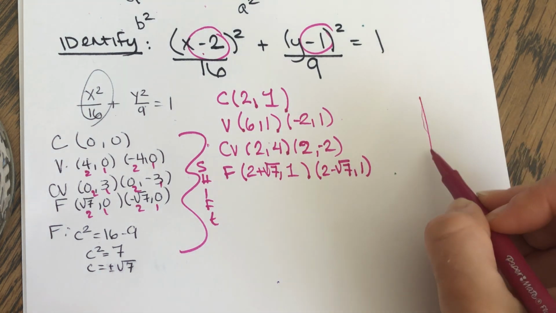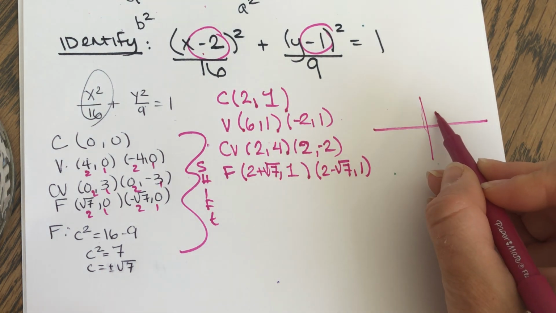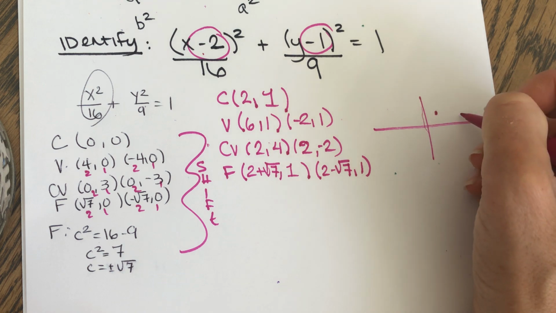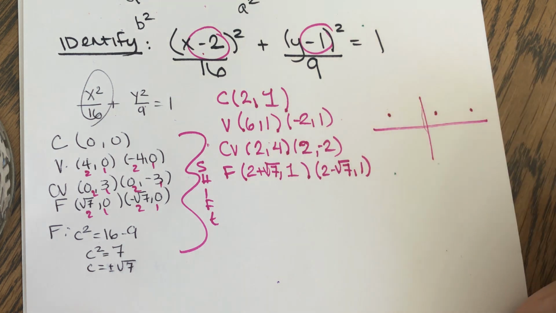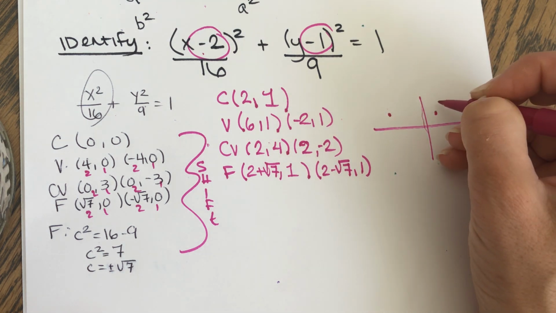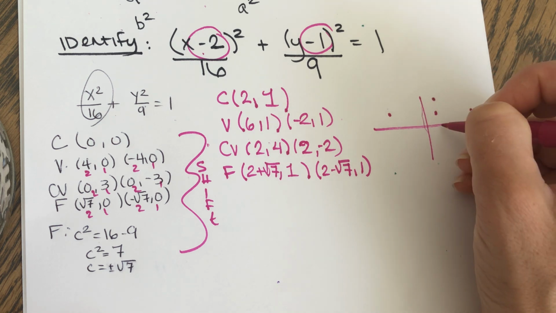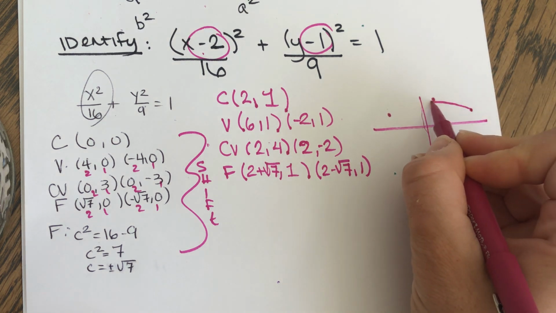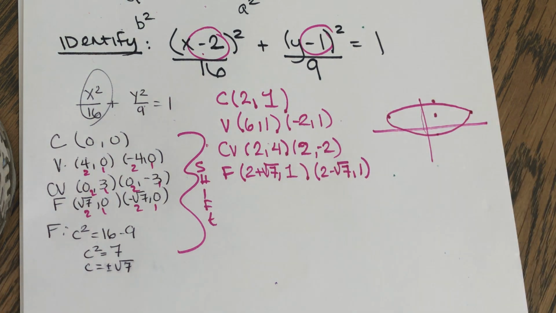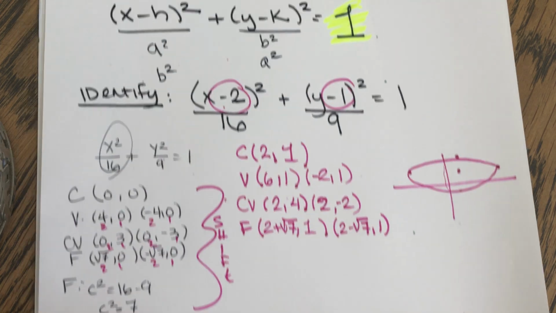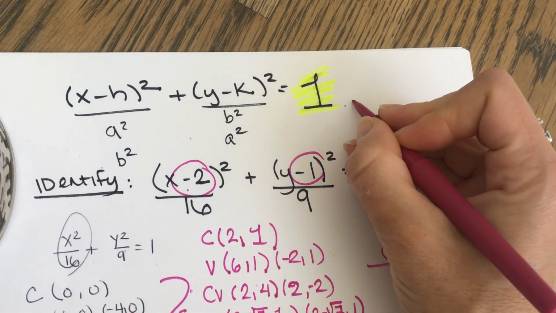And you should be fine if I ask you to sketch. 2, 1, let's say center. Vertices could be 6, 1, make them longer. Covertices would be 2, 4 and 2, negative 2. I don't care about your foci. And then you sketch your ellipse, okay? So that should be fine. Remember, let's jot that note here again one more time.